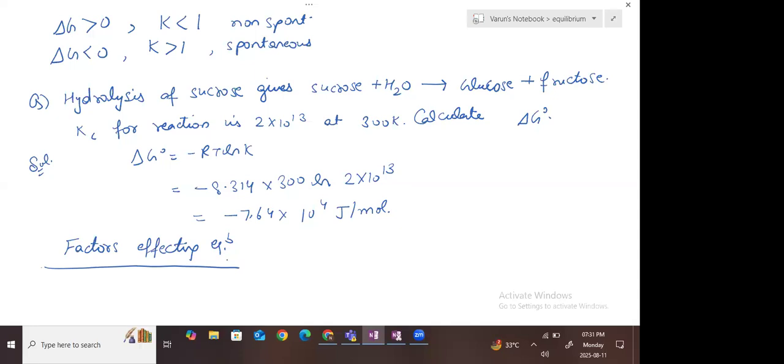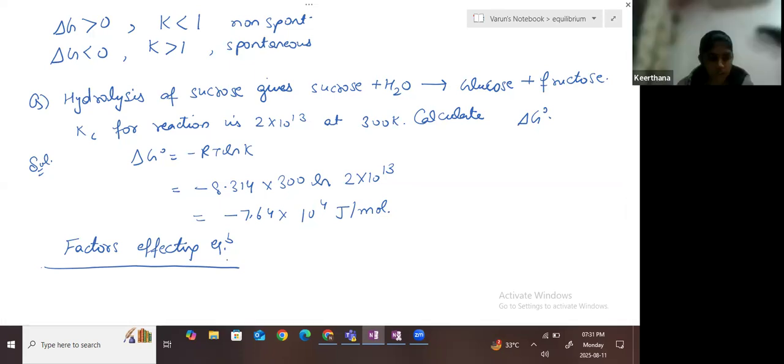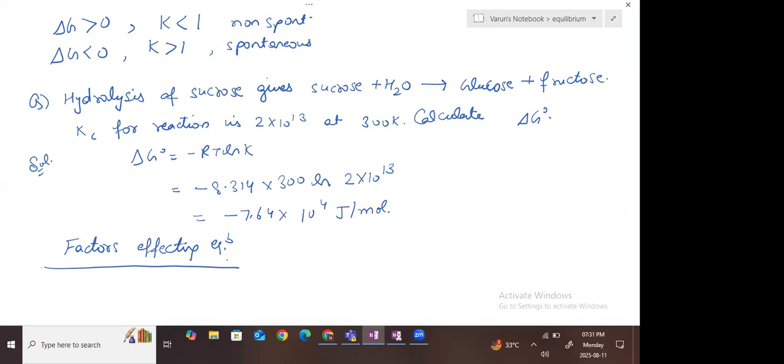When we have to achieve equilibrium, our main point is to maximize the product concentration. If we are doing any reaction, we always want our product to be formed in maximum amount with minimum expenditure. This is our main point.